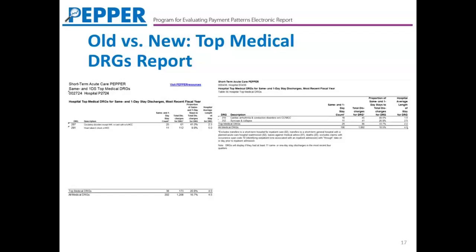On the right, you can see that this hospital also has 2 DRGs, but there are no blank rows. So we've removed the blank rows, if there are any. We have also removed the link to the PEPPER website.